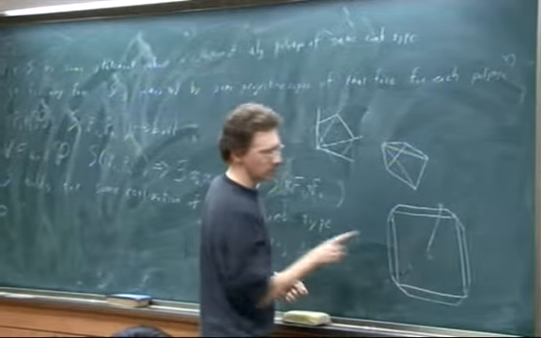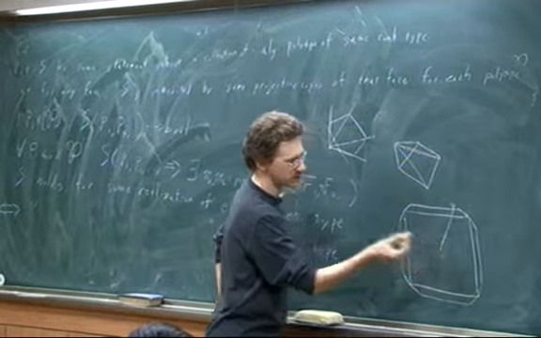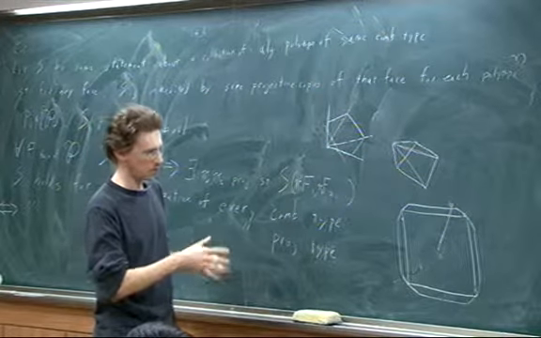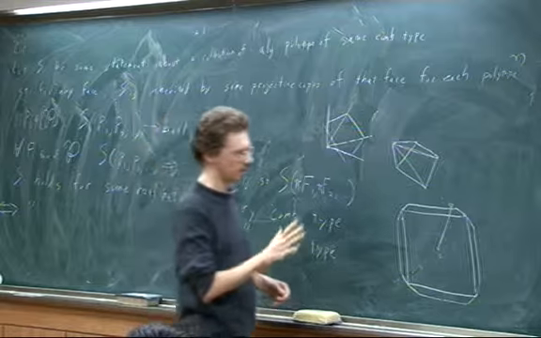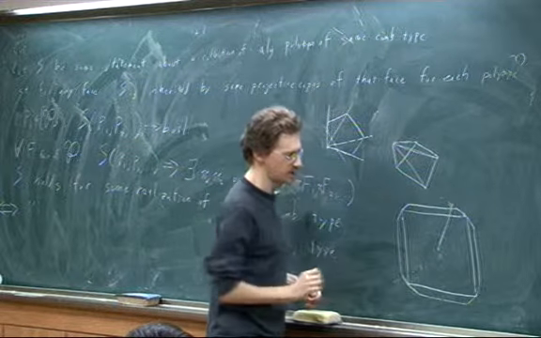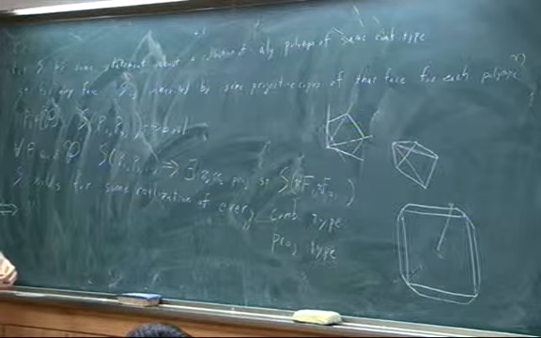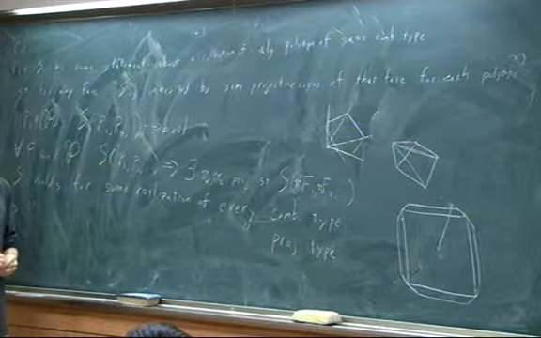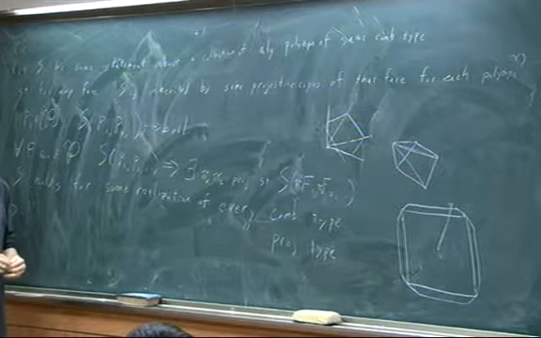If you take this polygon here and you take its polar, the canonical dual of it, and you perform any projective transformation to this polytope and any projective transformation to the copy of its polar, you will never get a balanced pair. It's impossible to get a balanced pair. There's no projective transformation.